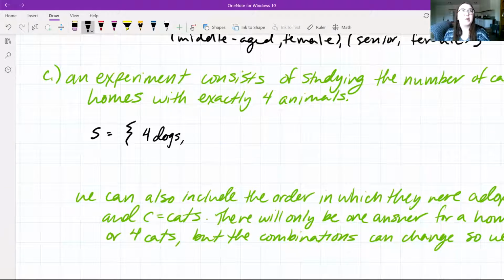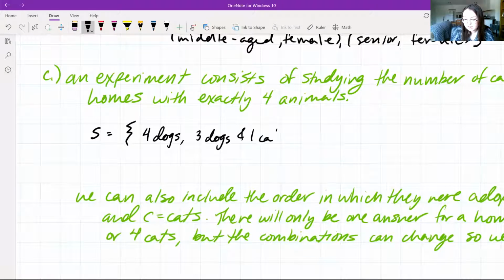Now we think, okay, what about one less dog and one more cat. So then we have 3 dogs and 1 cat. So I'm going to write 1 cat. Now we'll have 2 less dogs. So we can say 2 dogs and 2 cats.